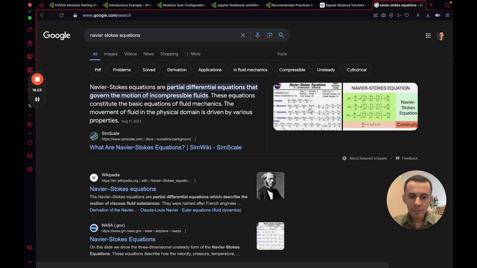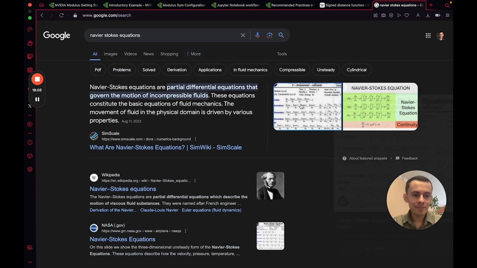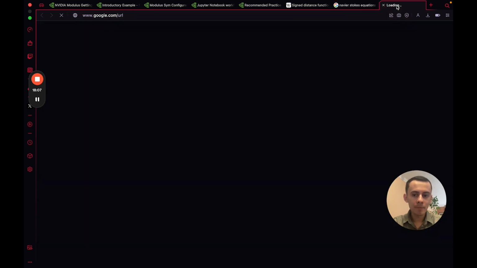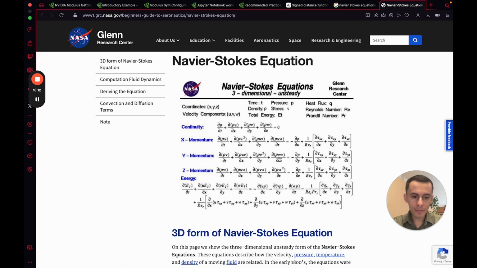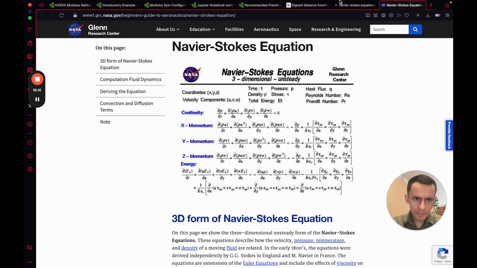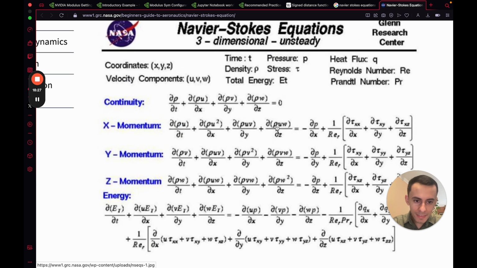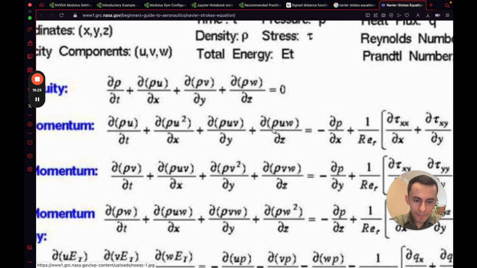Okay, yeah, I like this image. So the Navier-Stokes equations, they have the density somewhere in here. Where's the density? There you go. Yeah, I think it's here. Yeah, this is the density, right? It's a parameter.